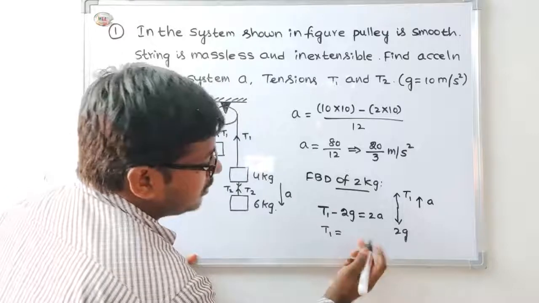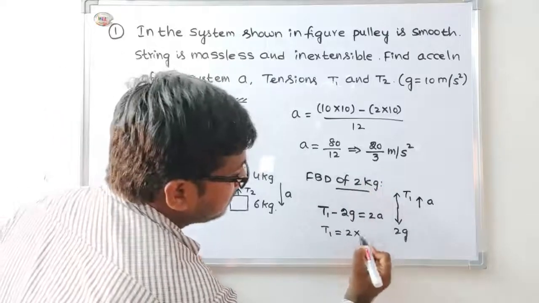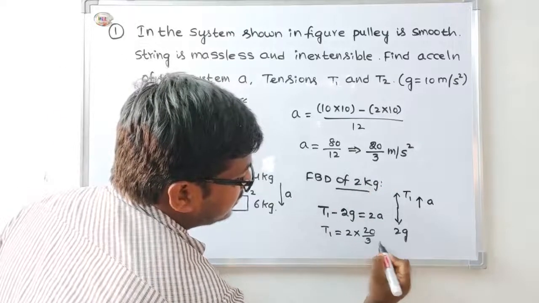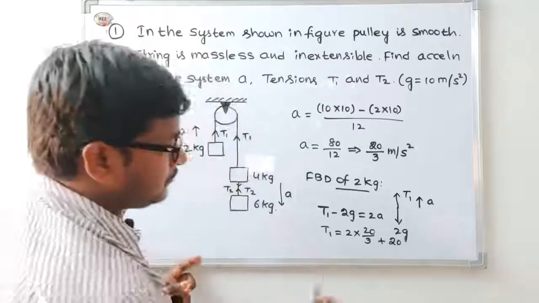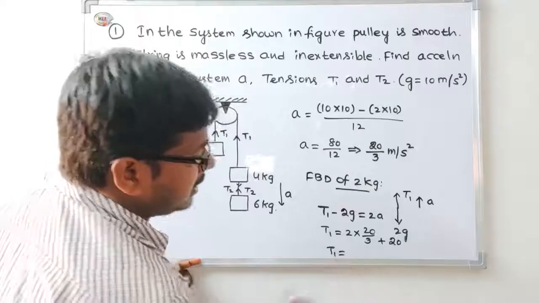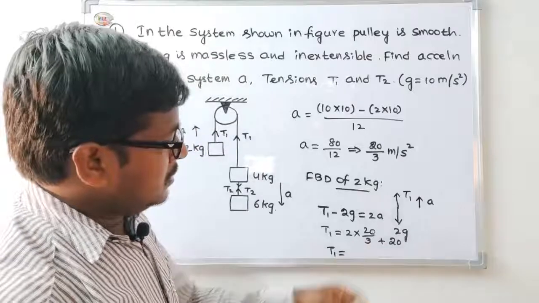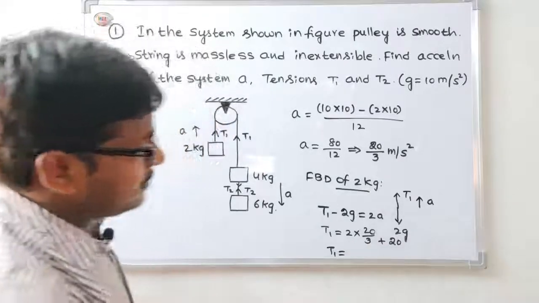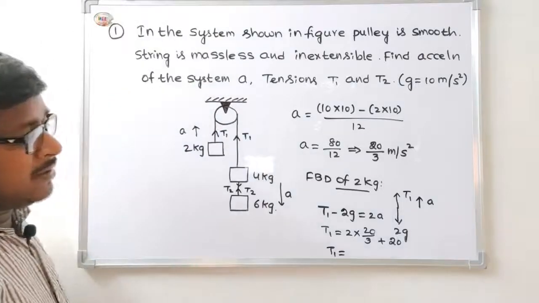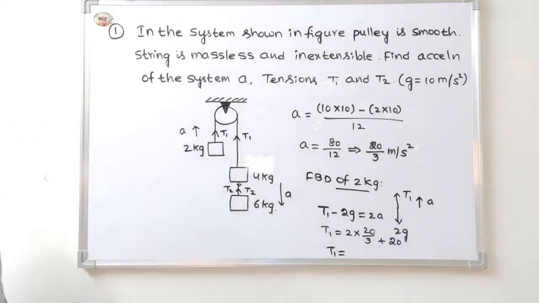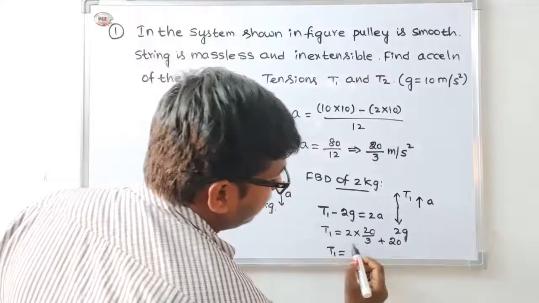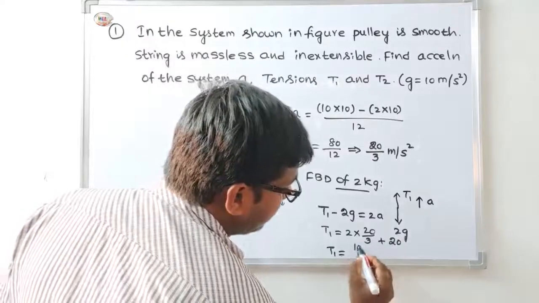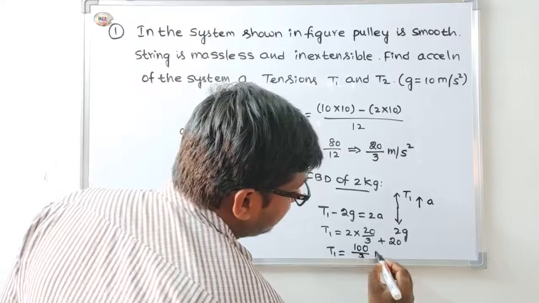T1 is equal to 2 into 20 by 3 plus 20. Then T1 is equal to (40 plus 60) by 3, that is 100 by 3 Newton.